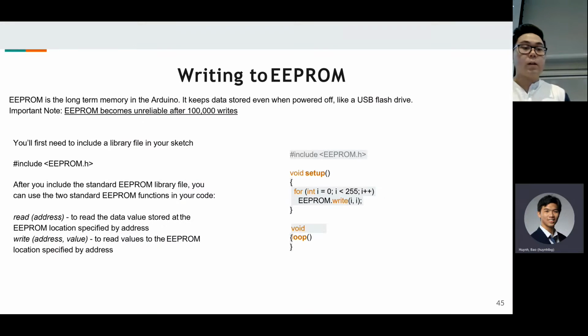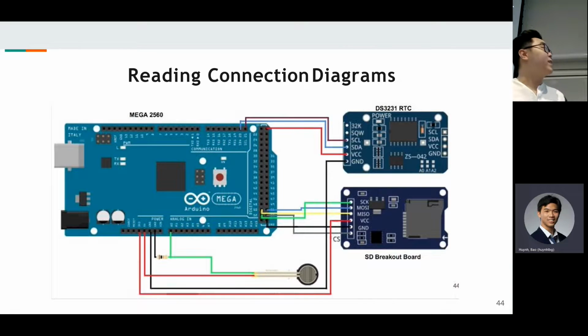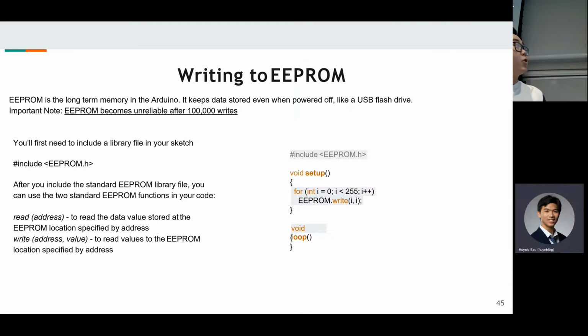And so, as I said earlier, if you don't have anything like, for example, the SD card here that's connected to the Arduino Mega, there is EEPROM, which is the built-in flash storage within the Arduino for long-term memory. It keeps data stored when it's powered off, similar to a USB drive. Since it's one of the libraries included with the Arduino, when you get it out of the package, you just do #include <EEPROM.h>.